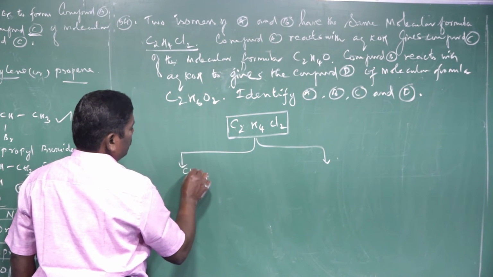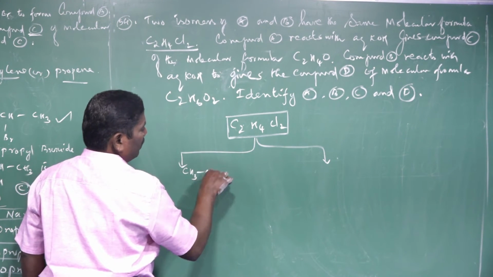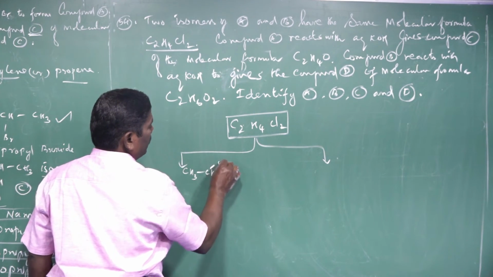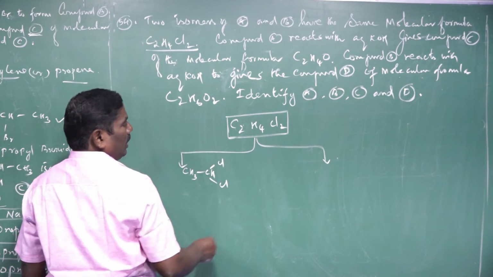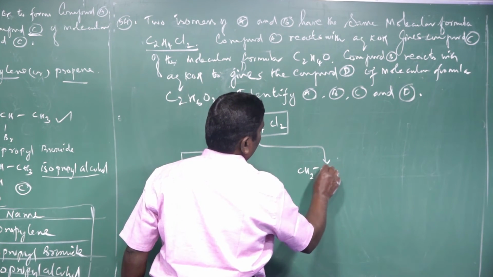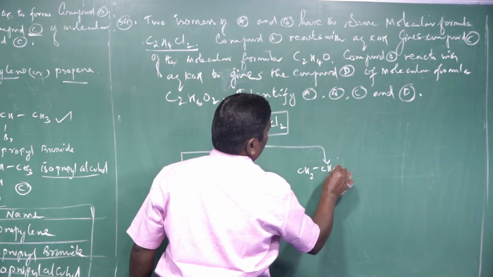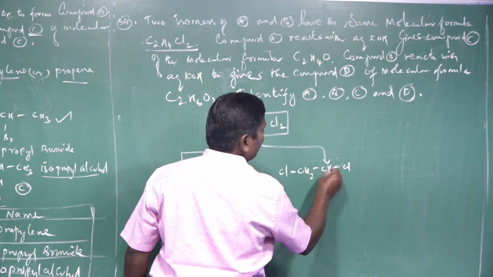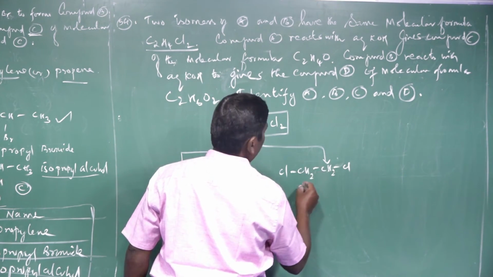I can give the first chemical formula, that is CH3CHCl2. And here this compound we can write CH2Cl CH2Cl. This is nothing but ethylene dichloride, ethylene chloride.